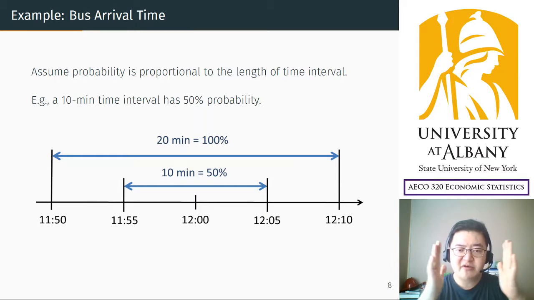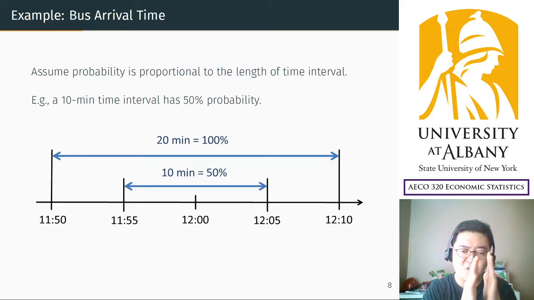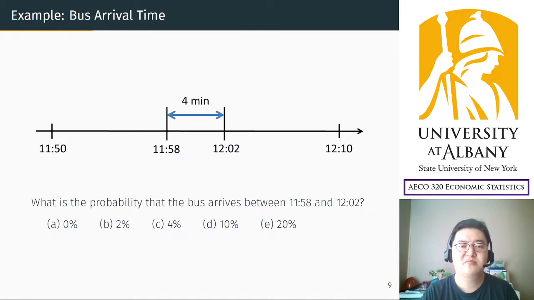As the time interval becomes narrower, the probability becomes smaller. So it's hard to make the arrival fall within that interval, right? Then, as a simple practice, what would be the probability that the bus arrives within plus or minus 2 minutes?